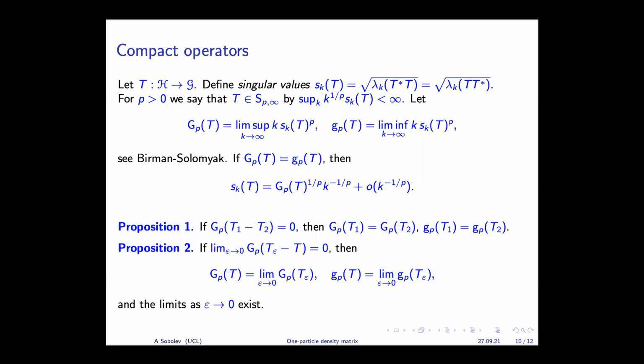And this limit exists. This is also part of the statement. The limit exists, and it gives you exactly the functionals G and lowercase g as well. So when you have a perturbation multiplied by epsilon, this is a very useful result that allows us to take epsilon to zero and get the asymptotics.